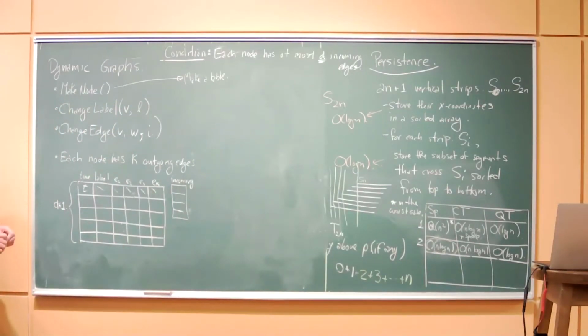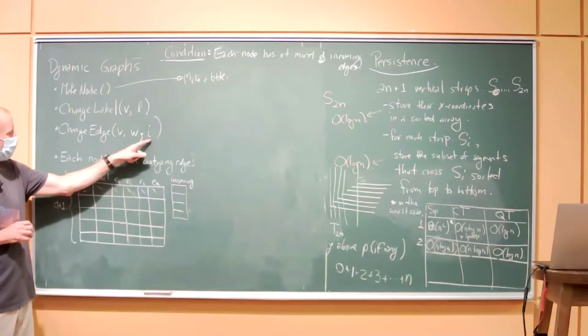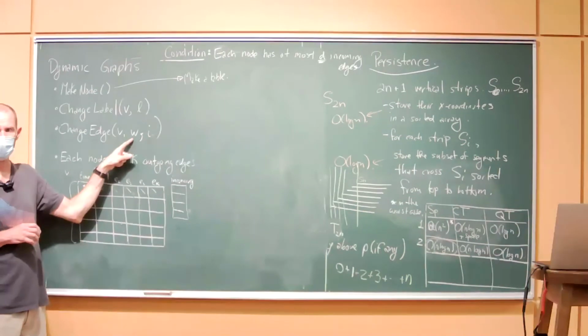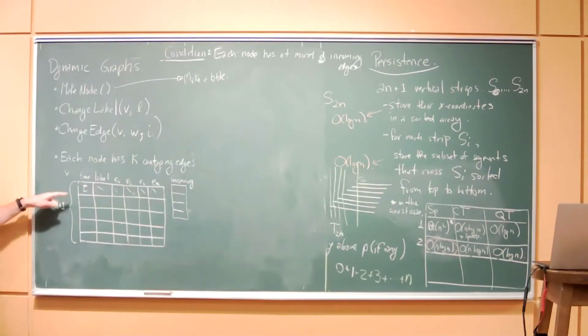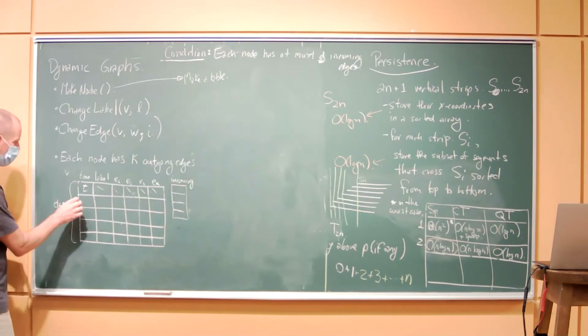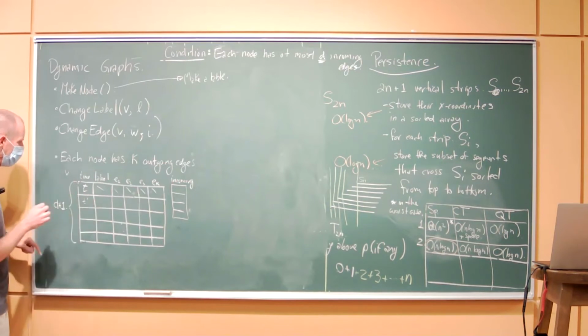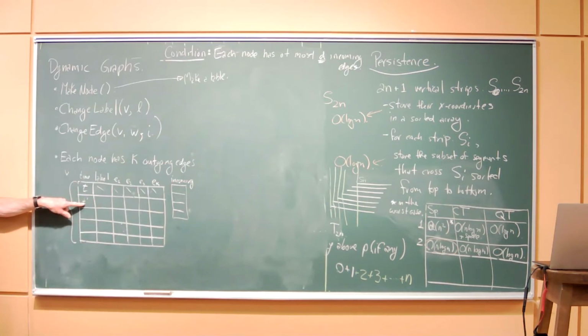So we can do an example. Let's say this is the table for node V, and we would like to take EI and have it point to W. So we look at the table for V. It has some rows that are filled. If we get lucky, there's one that's not full yet, in which case we take the current time, we mark that as the time for this row, and this row becomes active.